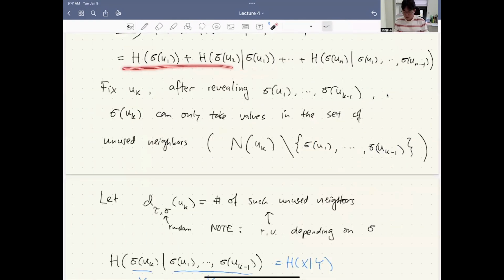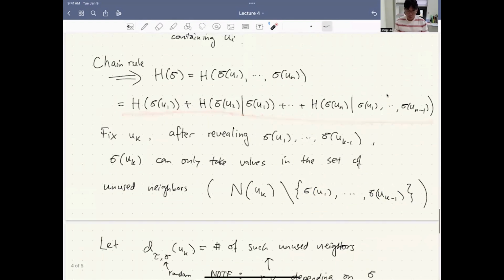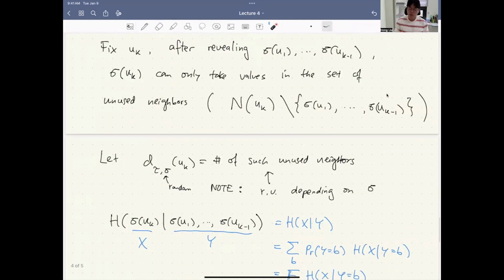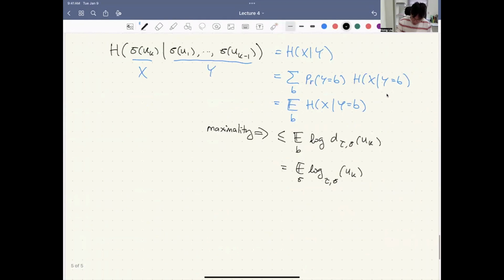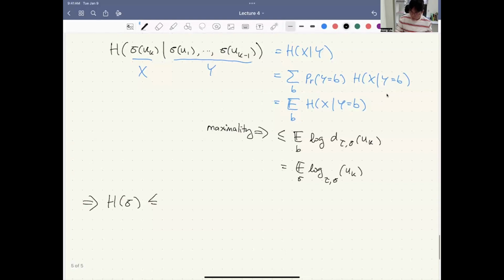Now we're going to sum them all up. We can write the entropy of the original random matching: H of sigma equals the sum of this for all k, but now it's an inequality. So it's at most the sum of this expectation.